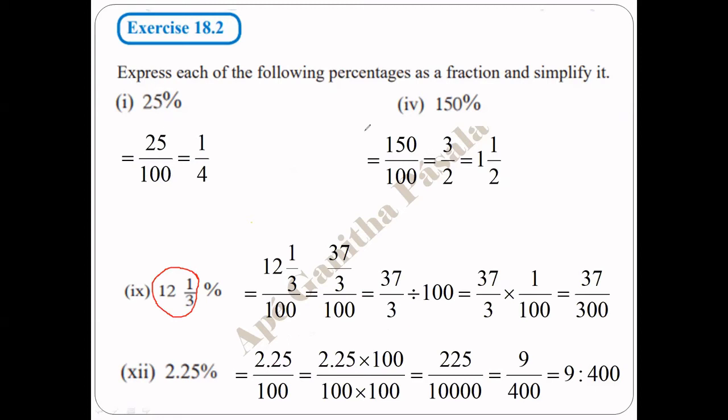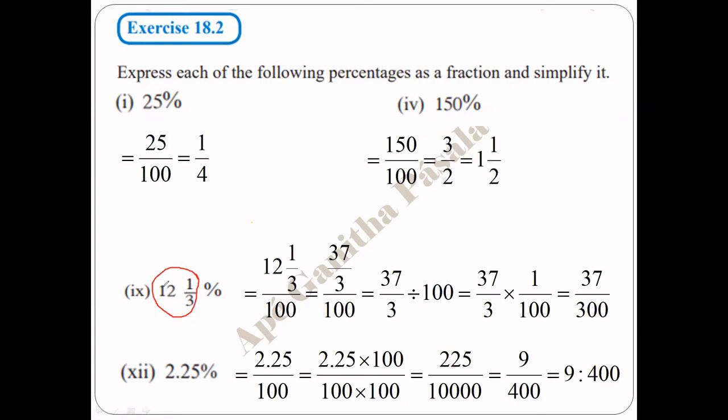In these examples, the numerator was a whole number, so you can directly write it as the numerator and the denominator is 100. Here also the numerator is 150, the denominator is 100. But this one is somewhat different. The numerator is not a whole number. That is a mixed number.